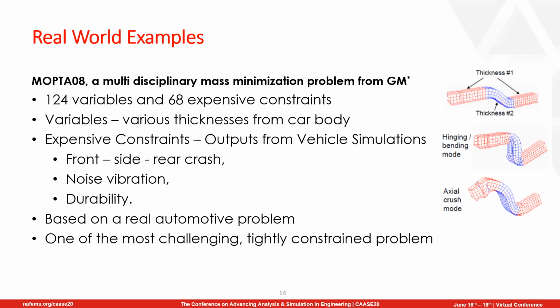So the input variables are various thicknesses from the car body, and the expensive constraints are outputs from various vehicle simulations: front, side, and rear crash, noise and vibration, and drivability simulations. So this problem is based on a real automotive problem and is one of the most challenging and tightly constrained problems.